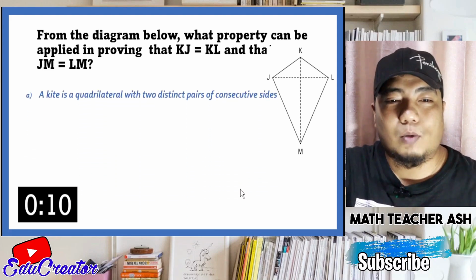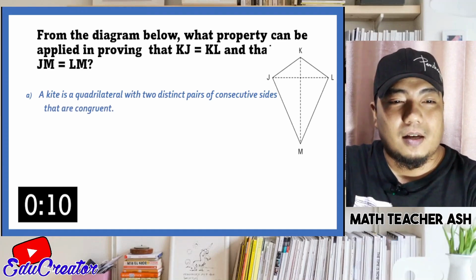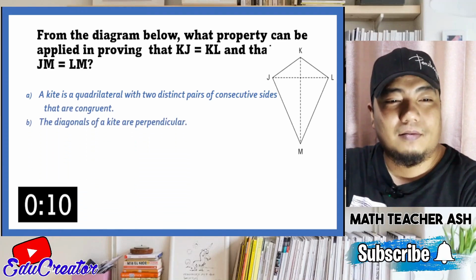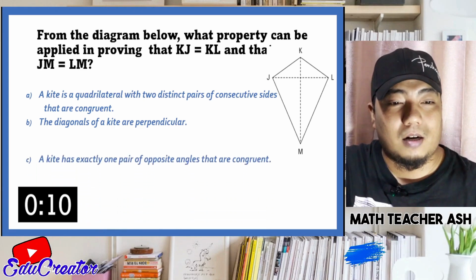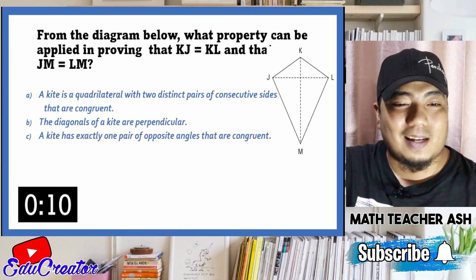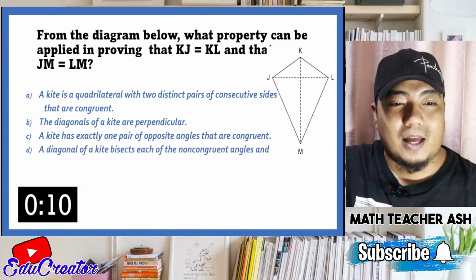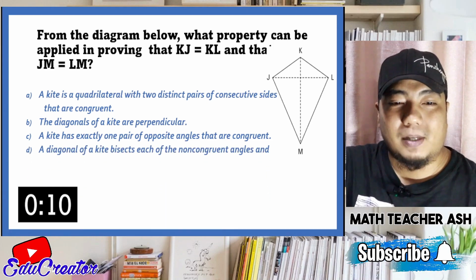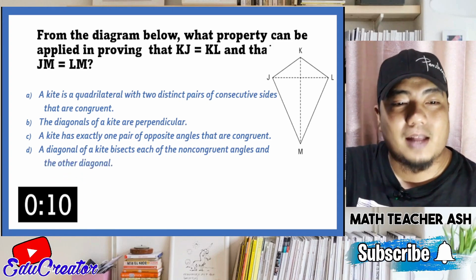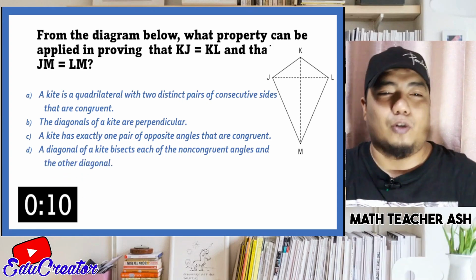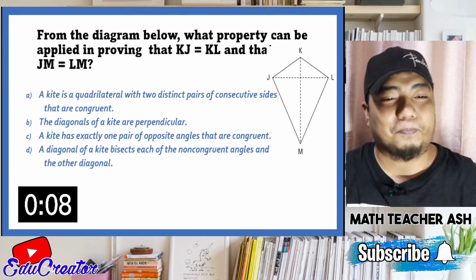A kite is a quadrilateral with two distinct pairs of consecutive sides that are congruent. B, diagonals of a kite are perpendicular. C, a kite has exactly one pair of opposite angles that are congruent. Or letter D, a diagonal of a kite bisects each of the non-congruent angles and the other diagonal. So let's time ourselves for this question.